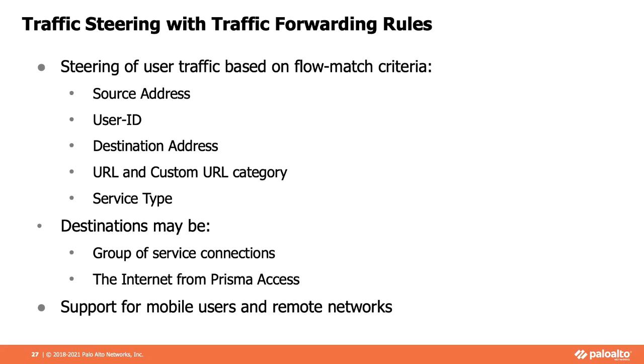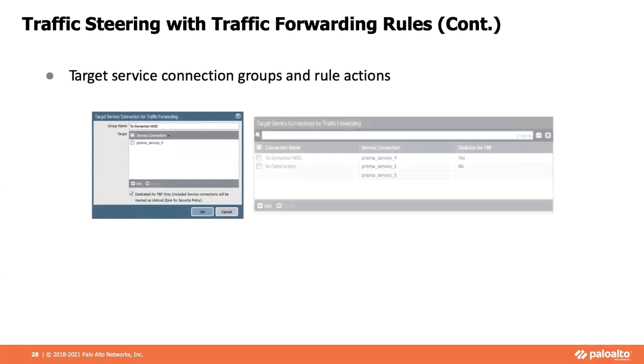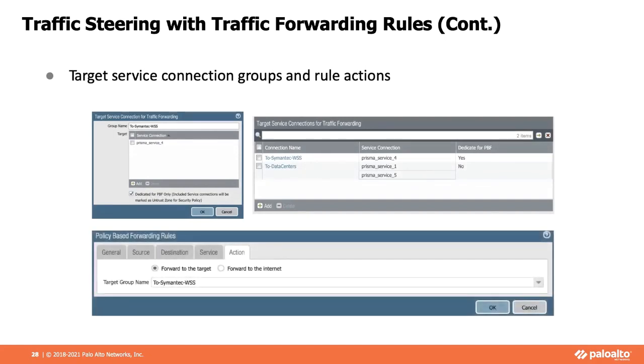And we have the ability to basically define different service connections and group them together to say these are my targets, and then create these policy-based forwarding rules with that source and destination information, and either forward directly to the internet or forward to whatever target, whatever service connection groups that we have created.